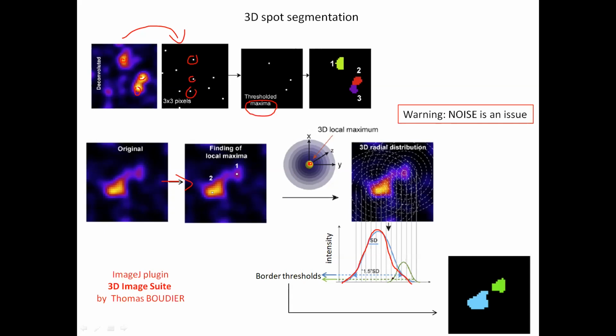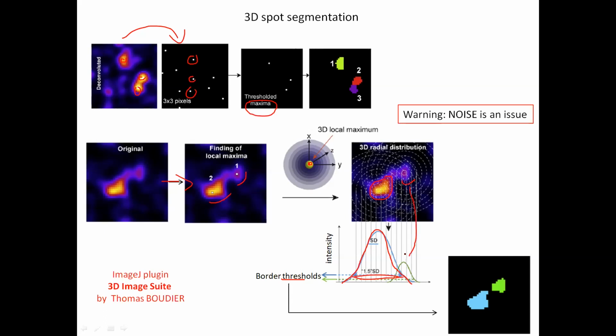We will make a Gaussian fit of this distribution, and then I will decide that this is the end of my object, so I will get a threshold which defines the limit of my object around it. Another trick is, if you have a very faint object like this one, and a very bright object like this one, the advantage of this method is that you will have this threshold for the bright object, and this one for the small object.